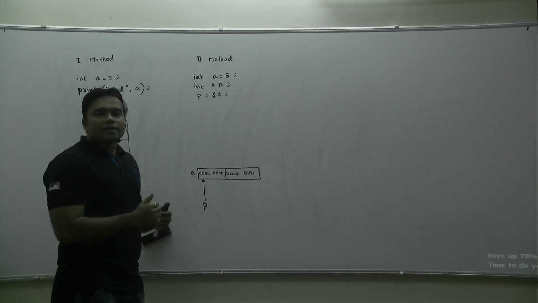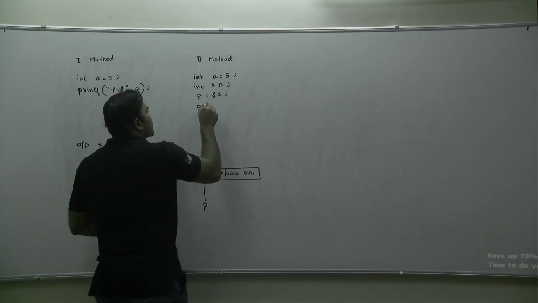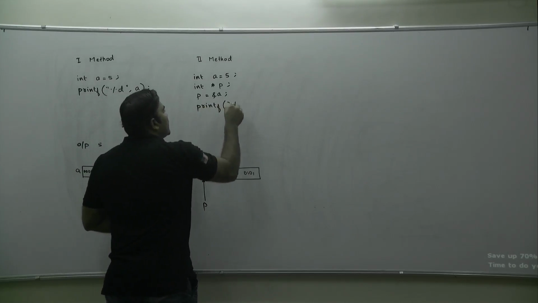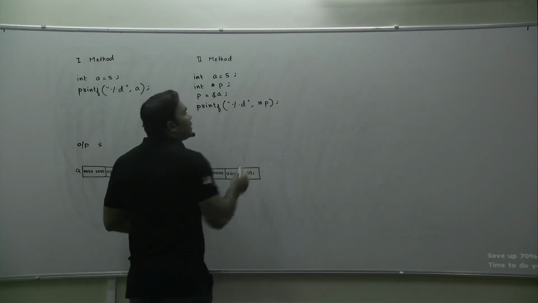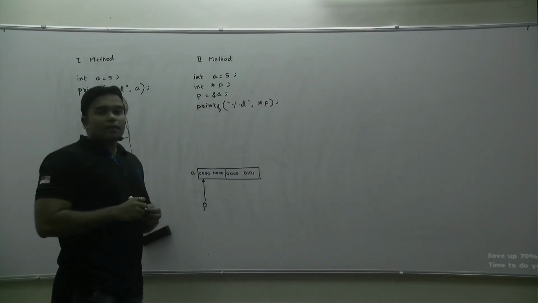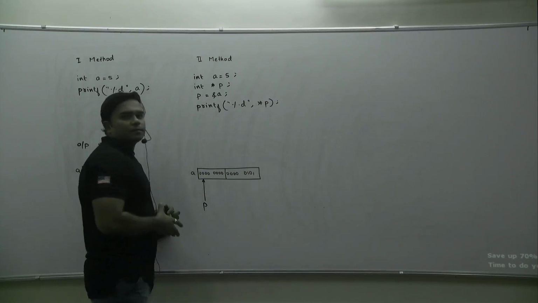How to penetrate, sir, you may ask. Like this, print in the decimal format star P. Like this I will tell. Now here is where the confusion is. Star stands for penetration.